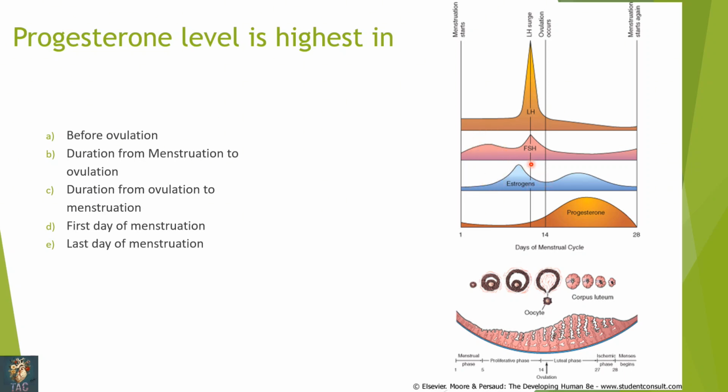At mid-cycle, there is a surge of LH. After that, there is a plateau in the estrogen but a rise in the level of progesterone in the second phase. So for this MCQ, the progesterone level is highest in the phase from ovulation to menstruation, this phase. So the correct option is C.